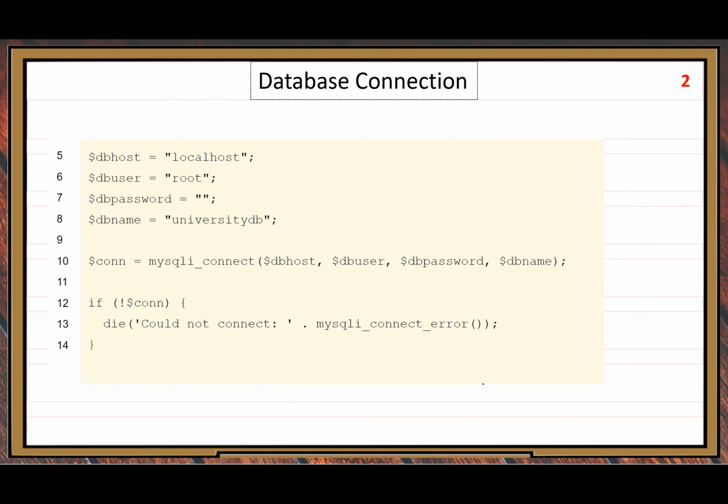Then, second, database connection. In order to connect, we use this function, mysqli_connect. Here, this mysqli version, because there is an older version without the i, just mysql_connect. That's the older version, and newer programming environments won't support the older function.